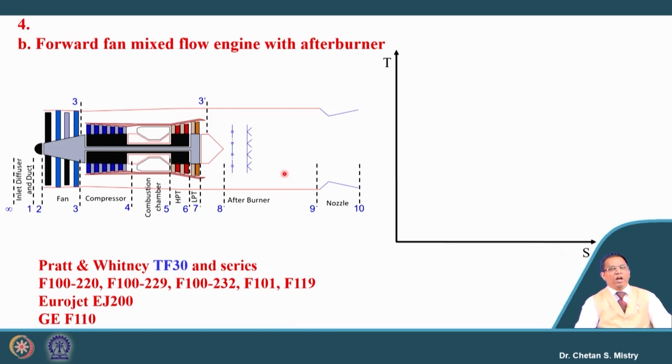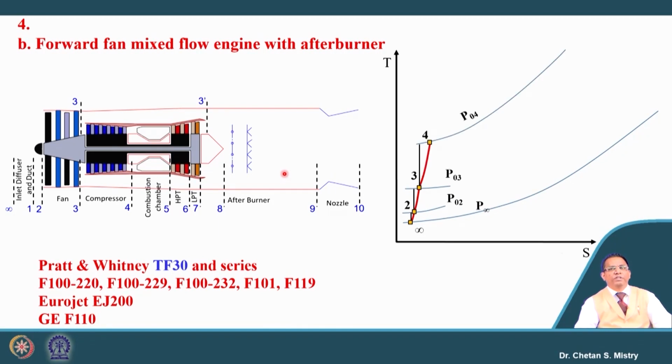So, again I am advising you to go with lecture 18 and just look at what all we have discussed. So, let us try to look at the cycle, how it will be modified. Very first, as we have discussed, we have our intake, then we have fan or fans, that will be followed by the compressor.